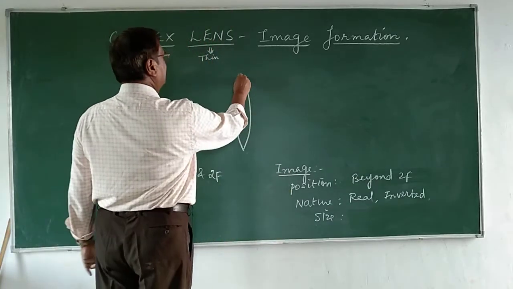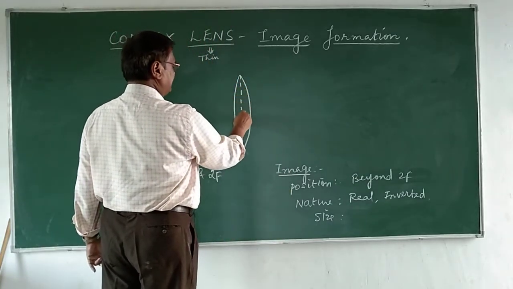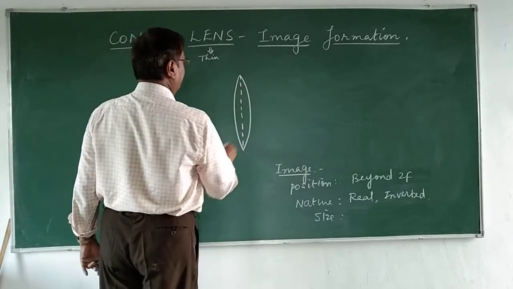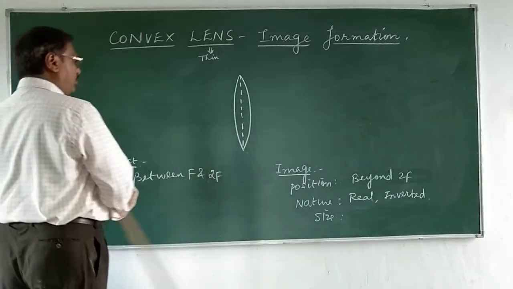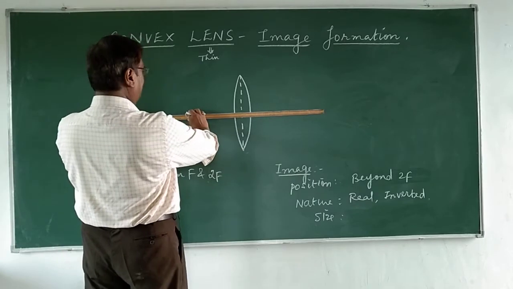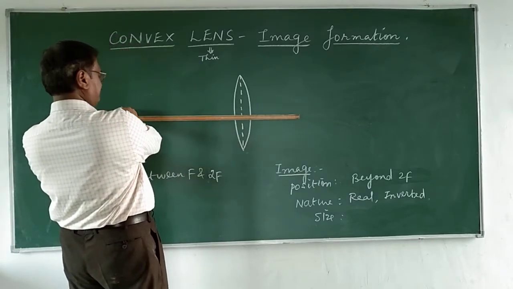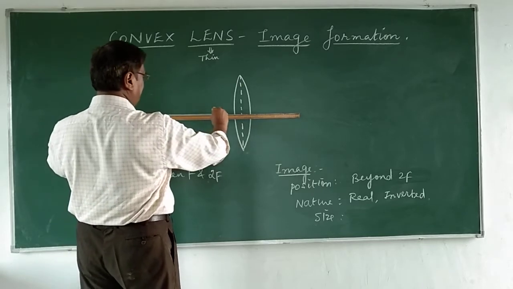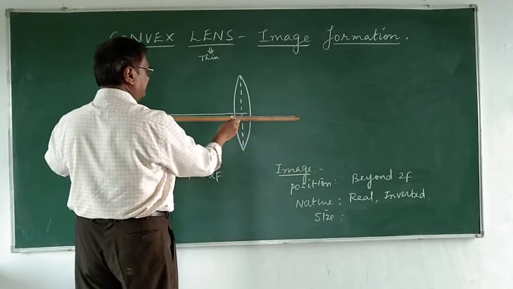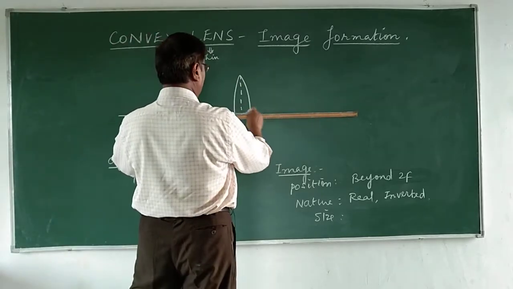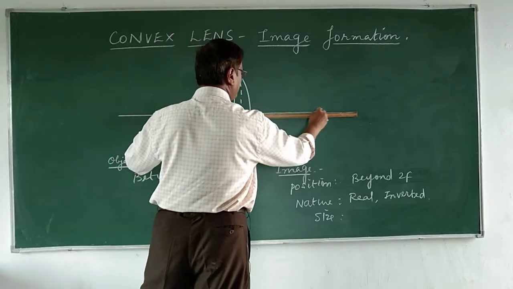Okay, this is the optical axis. Fine. And I draw the principal axis. The ray passing at the middle of it will go without deviation.